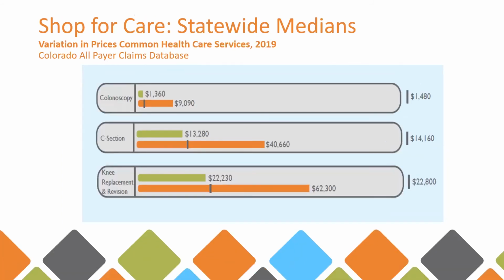These are medians for the procedures. And as you see, the colonoscopy again goes from 1,000 to 9,000. The median price is about 1,500. C-section, you see the variation is not as huge, but it is actually up to $40,000. Knee replacement and revision is the same.